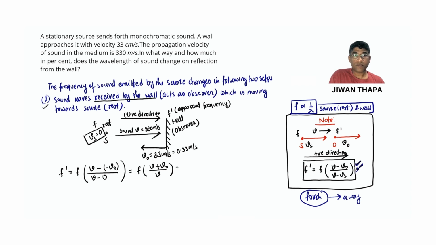So let us put the value. We have f, and v is 330, plus v naught is 0.33, divided by 330. So let's find it.